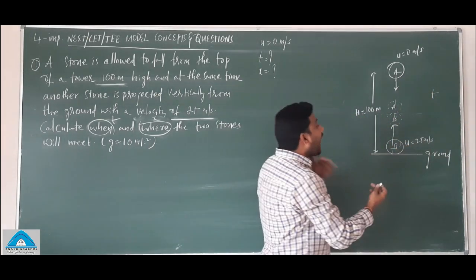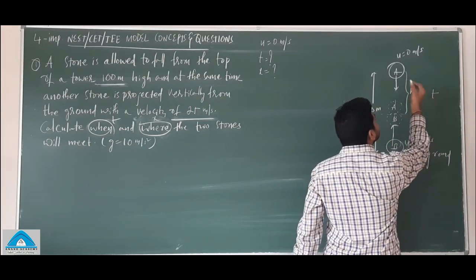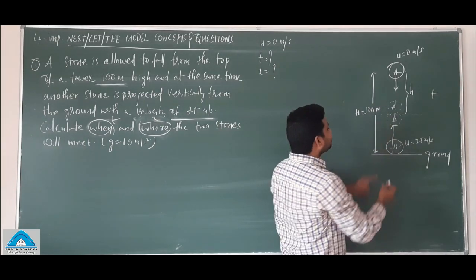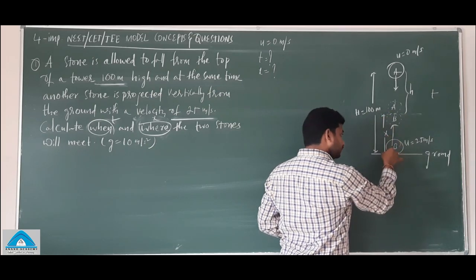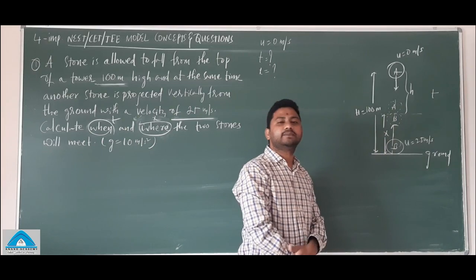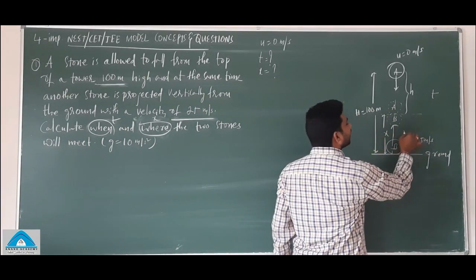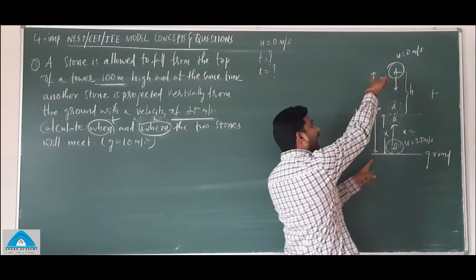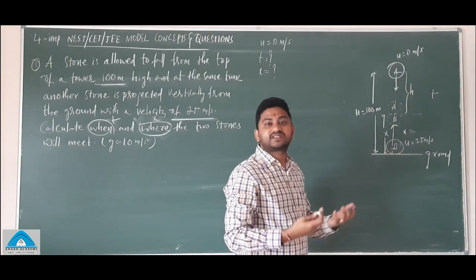The height h, small h, is traveled by the first body, and x is the distance traveled by the second body. This x I can also write as capital H minus small h.